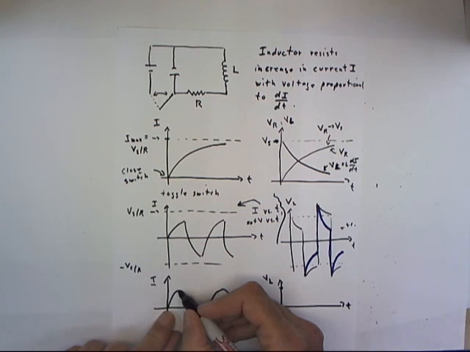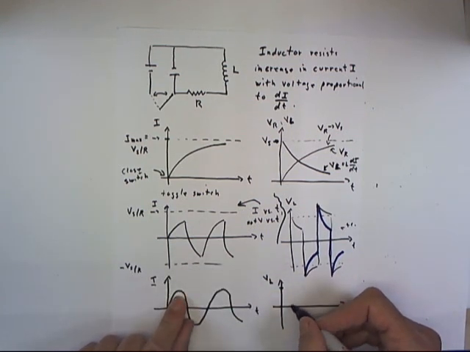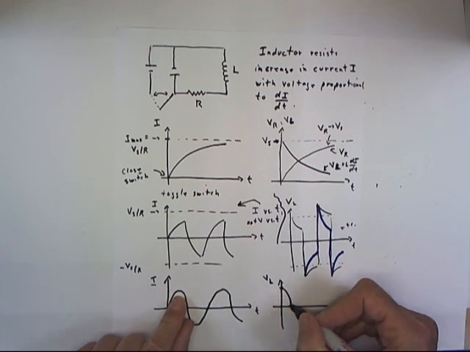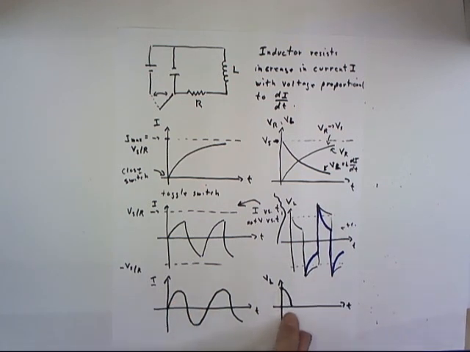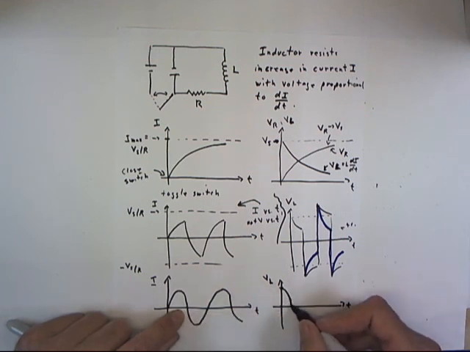Voltage drops to 0 when the rate of change of the current is 0. That's going to occur at this peak, so we're going to have an inductor voltage that falls like so. And then the derivative, the slope of the current versus time graph, is going to go negative and eventually level off.